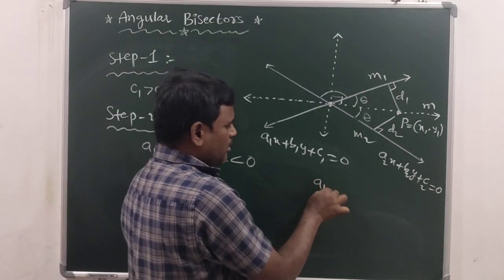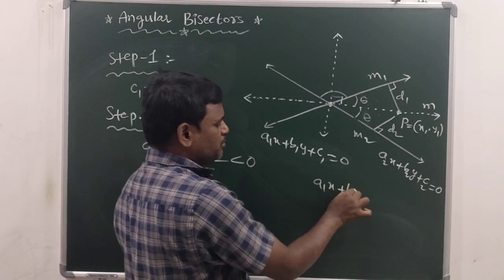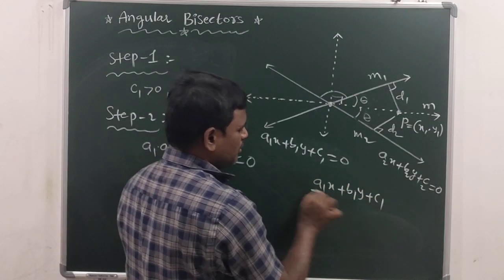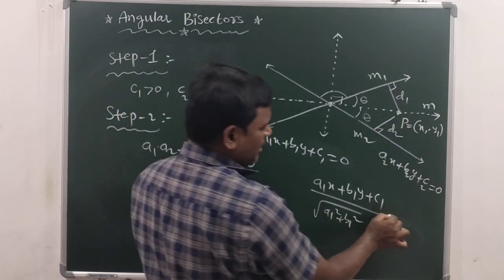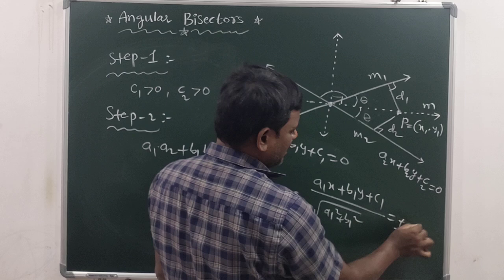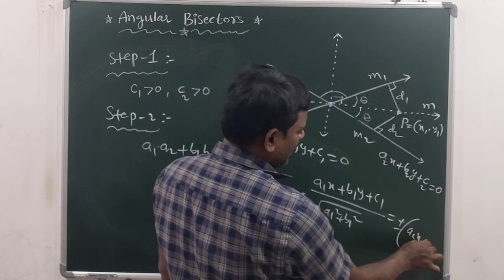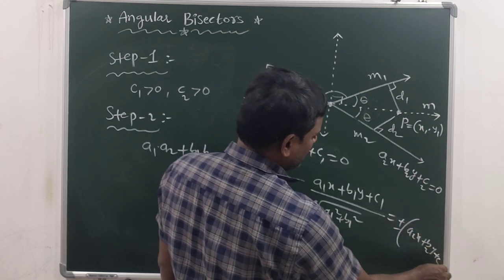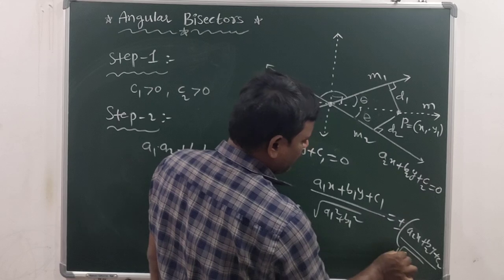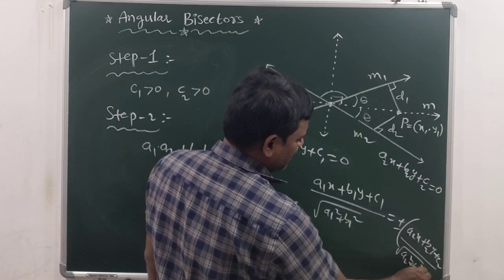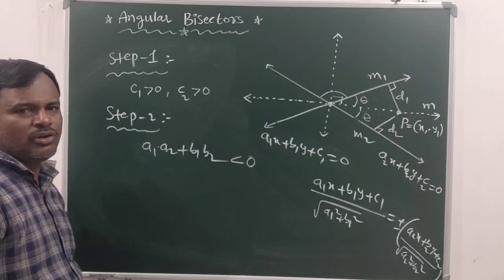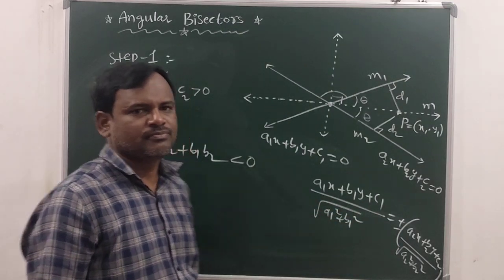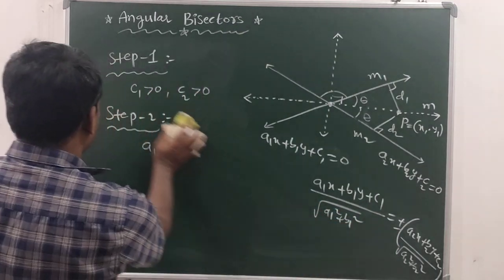The angular bisectors are (A1x plus B1y plus C1) by root of (A1 square plus B1 square) equal to plus or minus (A2x plus B2y plus C2) by root of (A2 square plus B2 square). Make C1, C2 positive and prepare this.